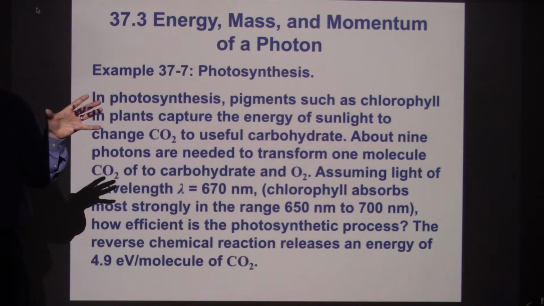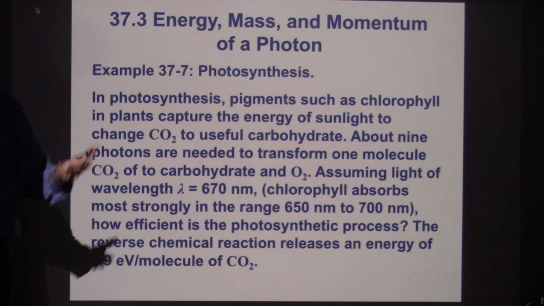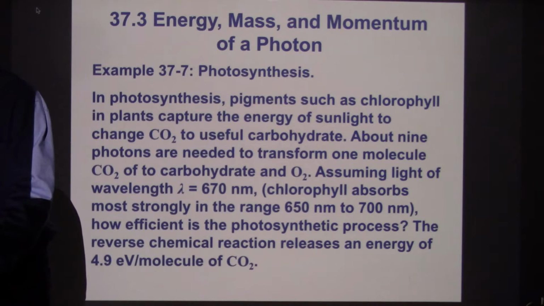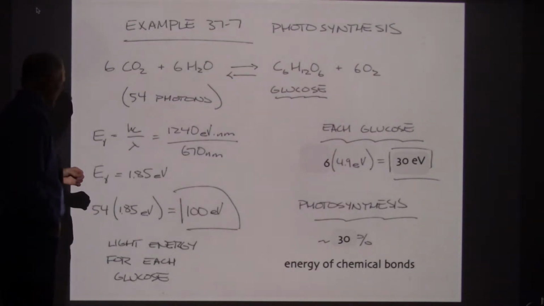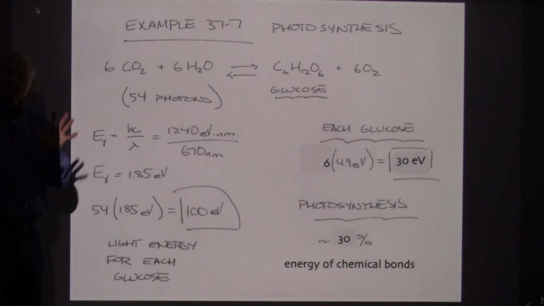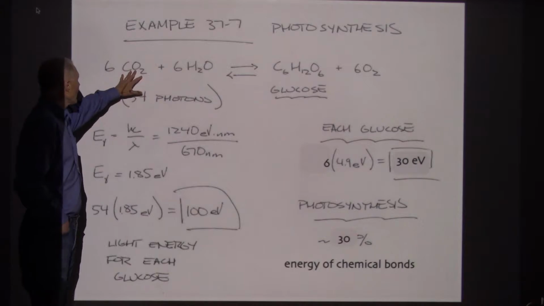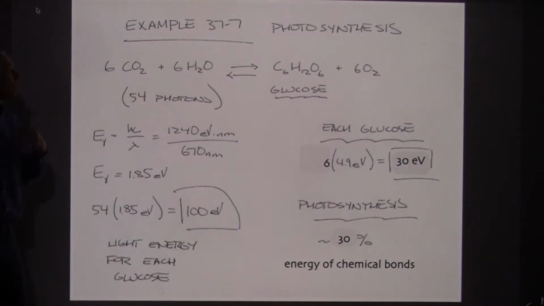There's a bunch of different proteins involved, a bunch of different compounds absorbing the photons in the light. So it's a complicated mechanism, but what they're saying is that it takes about 9 photons to take a carbon dioxide and embed it in some type of carbon compound.